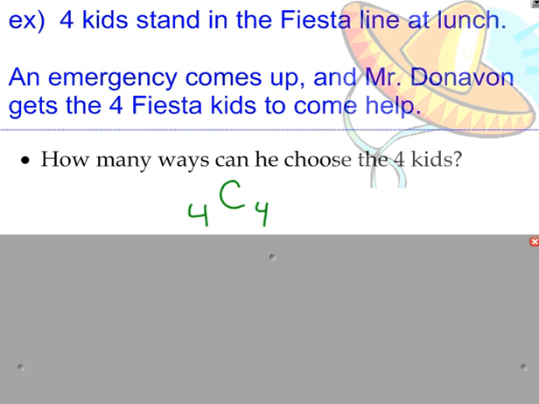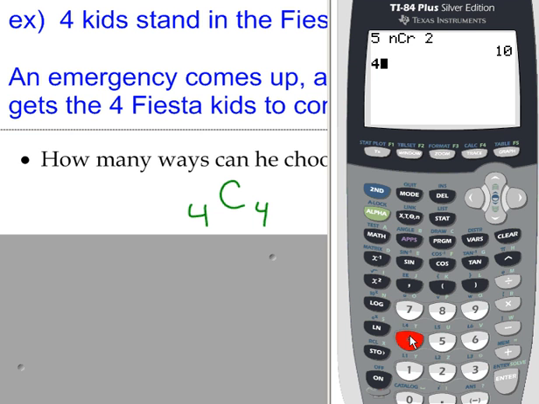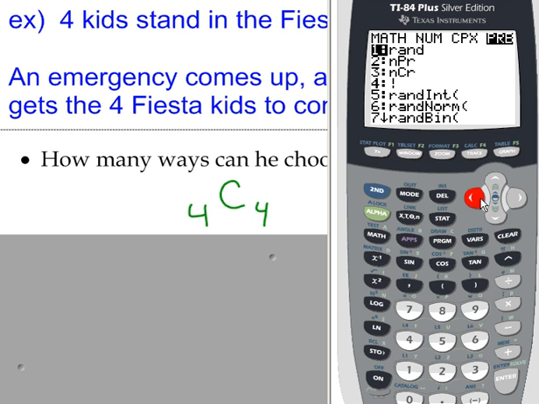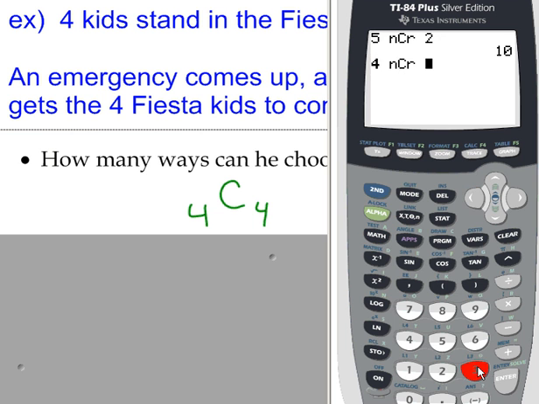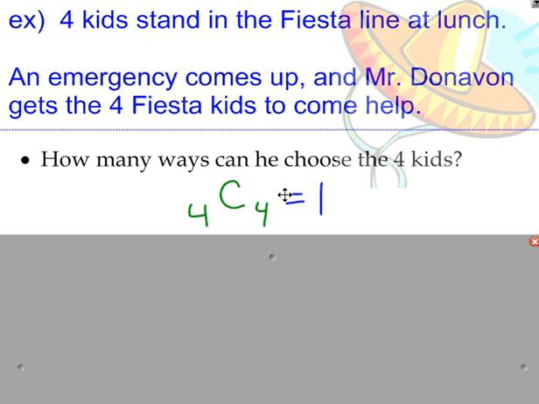So if I do 4 choose 4 in my calculator, 4 math, probability, choose 4. Now some of you might know the answer to this already because when I hit enter, it's probably not going to be terribly shocking. We get 1. If you've only got 4 people and you're grouping all 4 of them, there's only one way to group everybody in one big group, right? So that answer is 1.